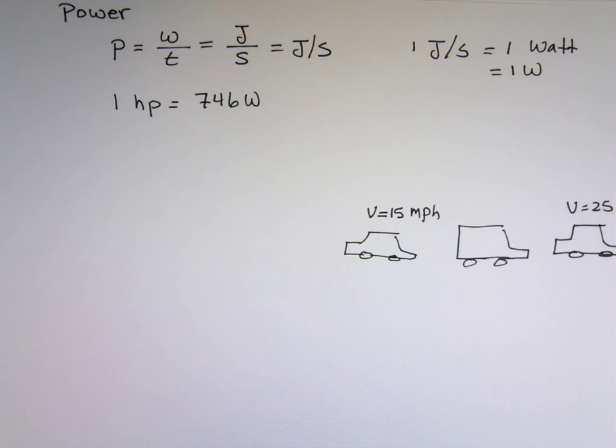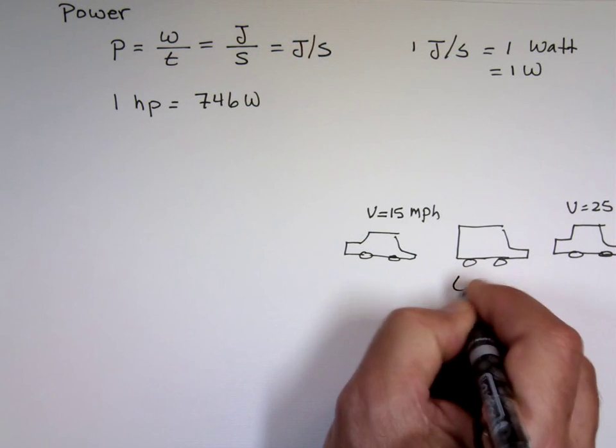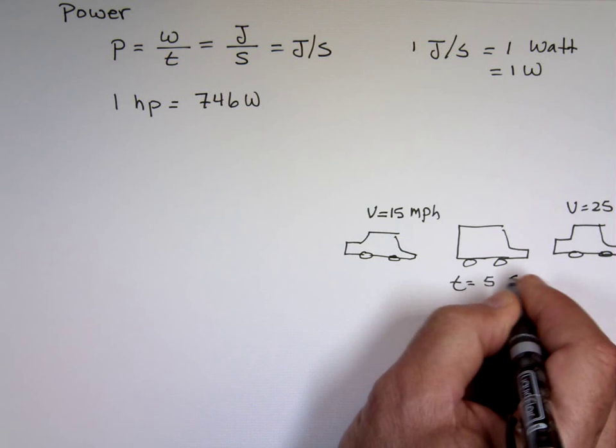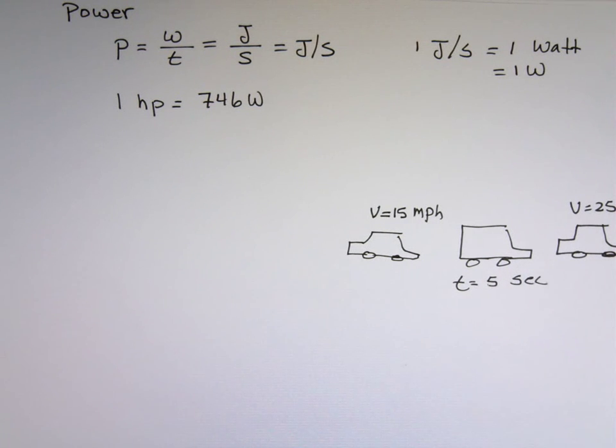How many seconds? What's an average? 5 seconds? Unless you get a good car. If you get a 4-cylinder car, it's probably going to take you 5 seconds. It takes a while to get going there.